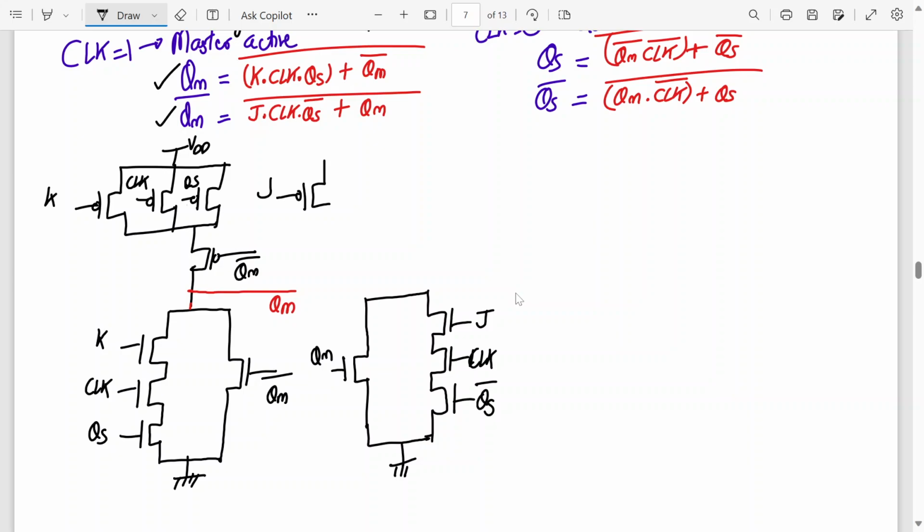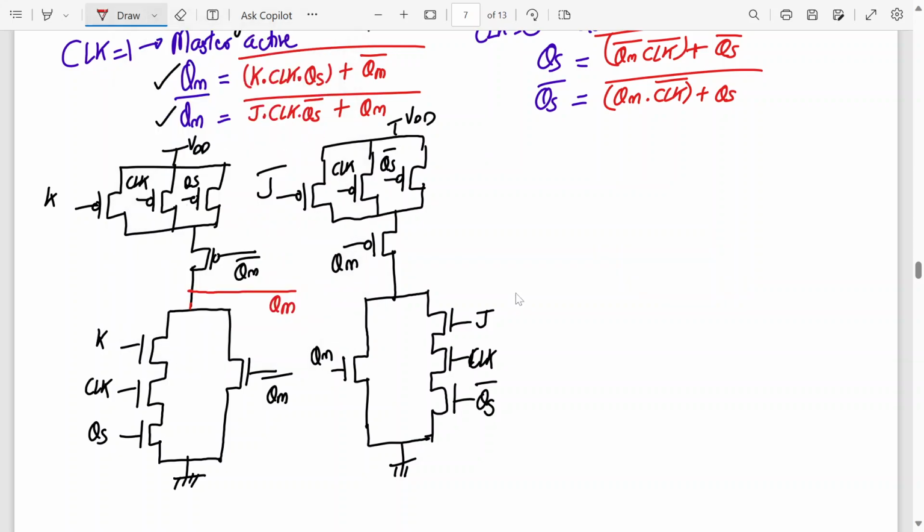And the upper one I'll draw again in parallel. So this will be J, this will be clock, and this will be QS bar. This is VDD, and in series we will have QM.